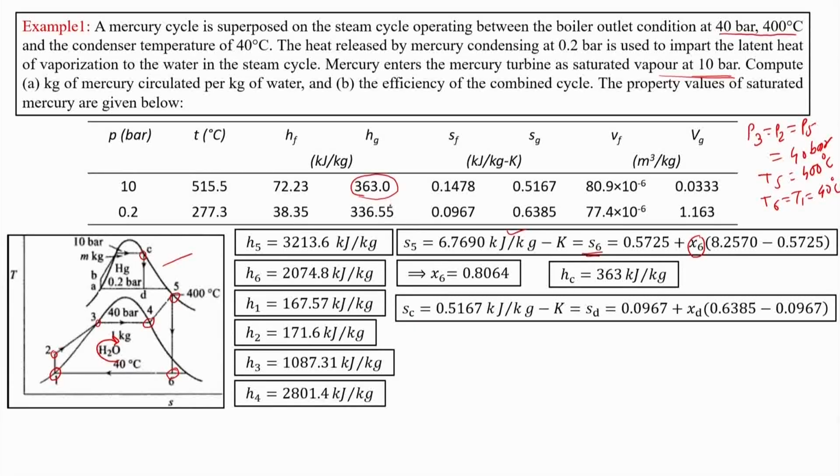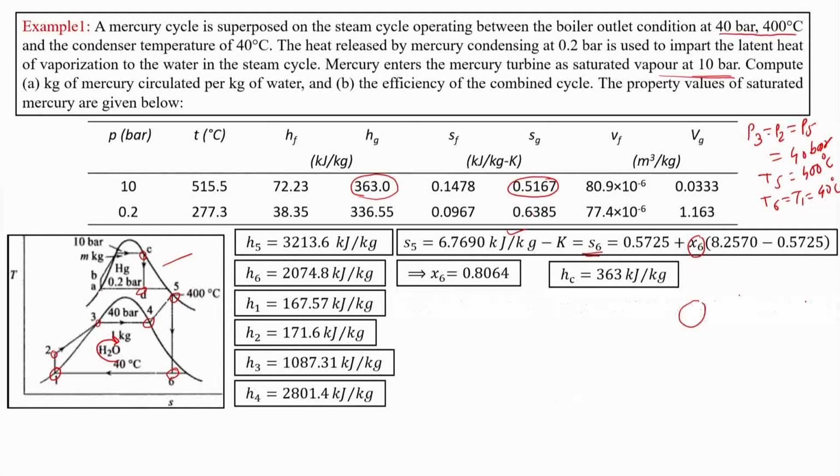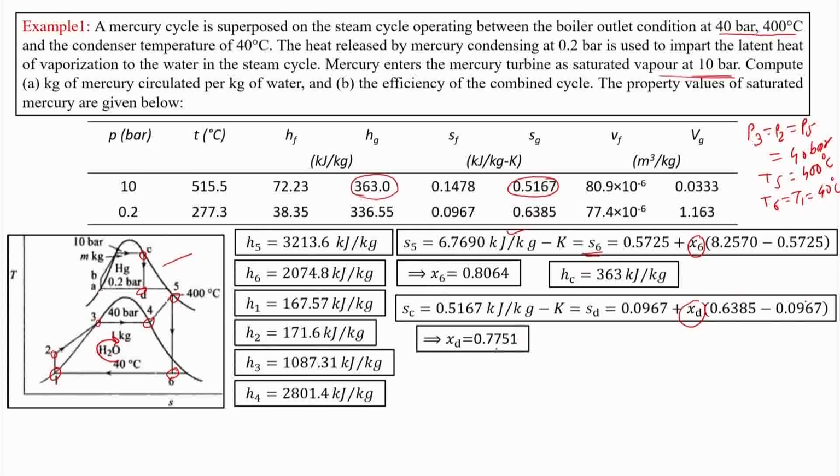This entropy is equal to SD, and SD can be found out as SF plus XD into SFG. SFG is given to us, which is SG minus SF. So all these things are given, so we can find out XD, and this turns out that XD is equal to 0.7751.